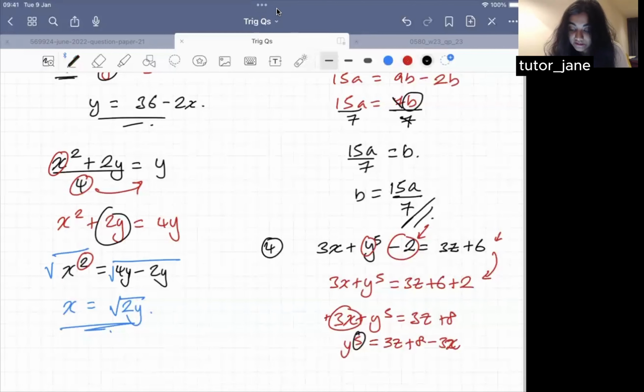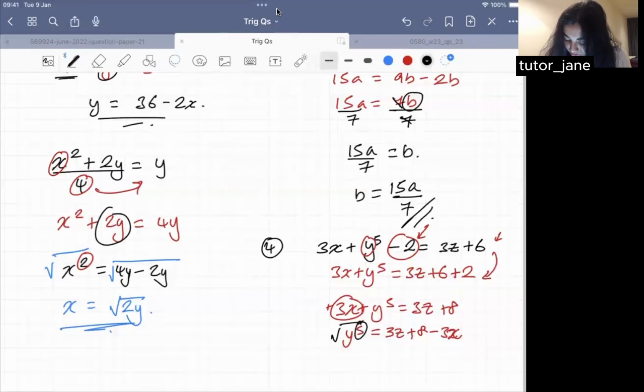So this is currently raised to the power of 5. So the opposite of that would be to do the 5th root. So we're going to do root 5 to the entire expression. So now we're going to get y equals the 5th root of 3z minus 3x plus 8. Perfect.